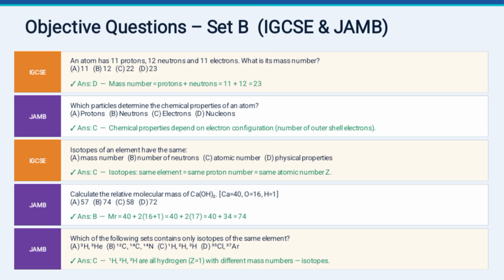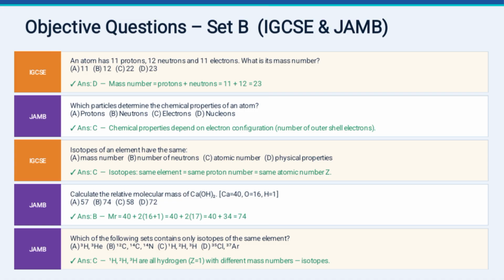These are IGCSE questions and JAMB questions. Let me pick one or two there. You have to calculate the relative molecular mass of calcium hydroxide, for instance. Don't forget that everything in that bracket, there were 2. So if you want to solve this kind of question, you can write it as CaO2H2 for easy calculation.